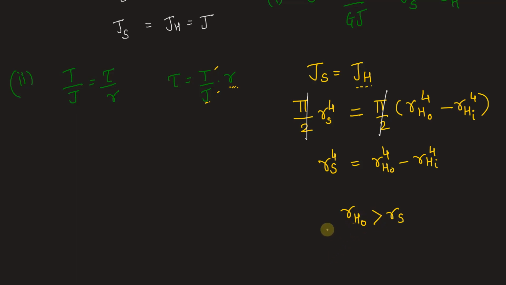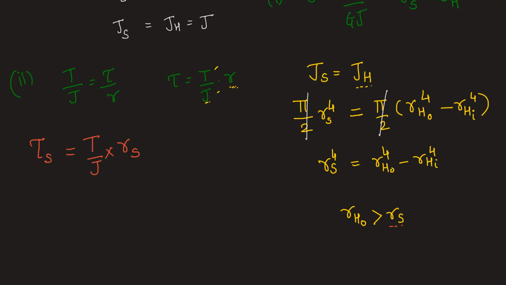So if the outer radius of the hollow shaft is greater than RS, we know that the maximum shear in case of the solid shaft is given as T by J into its farthest fiber, that means at RS, at the outermost periphery, at a distance RS from the center.